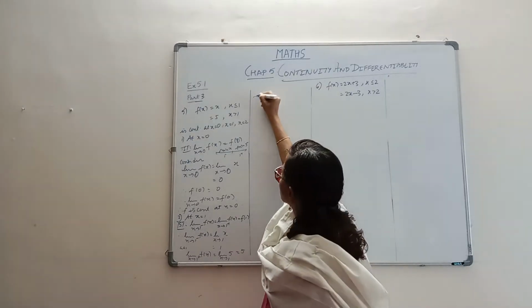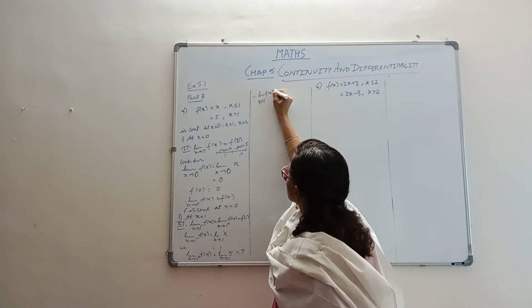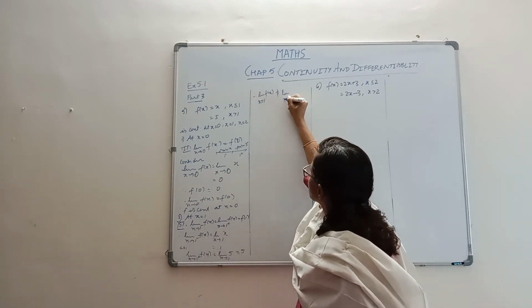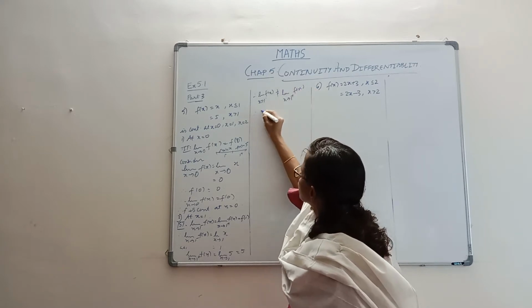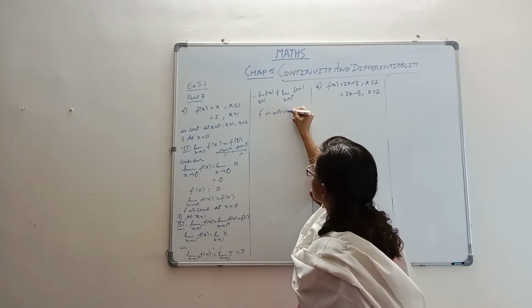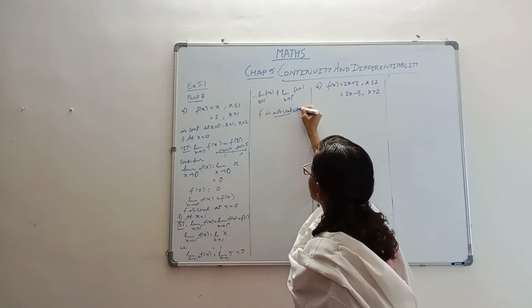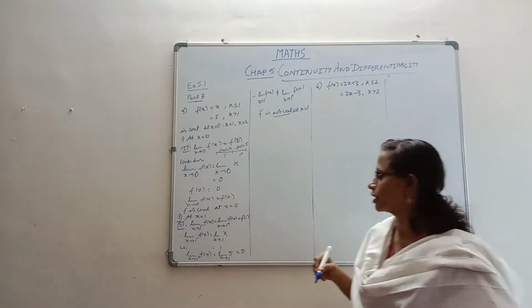So therefore you can write limit as x tends to 1 minus f of x is not equal to limit as x tends to 1 plus f of x. Therefore f is not continuous at x equal to 1. That's about that. It's not continuous.